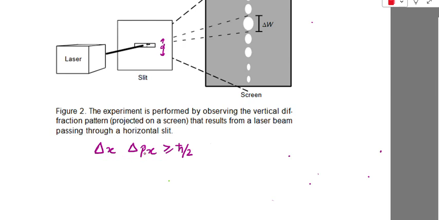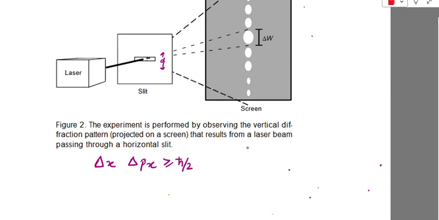Because I'm taking the x component of momentum. This is a little bit tricky. The momentum is the tricky part; the slit width, the position, is quite easy.